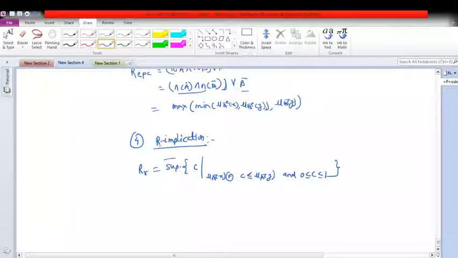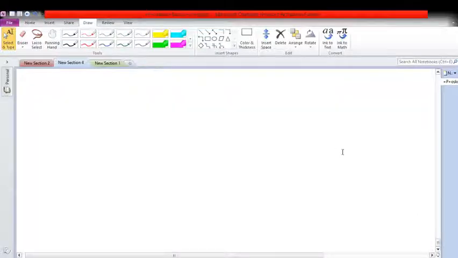And what is this supremum? Supremum is the least upper bound. Basically all these formulas are used to reduce to the familiar identity. That's it. This depends on which operator you would like to select. According to the situation or the computational complexity, you can select your own operator.